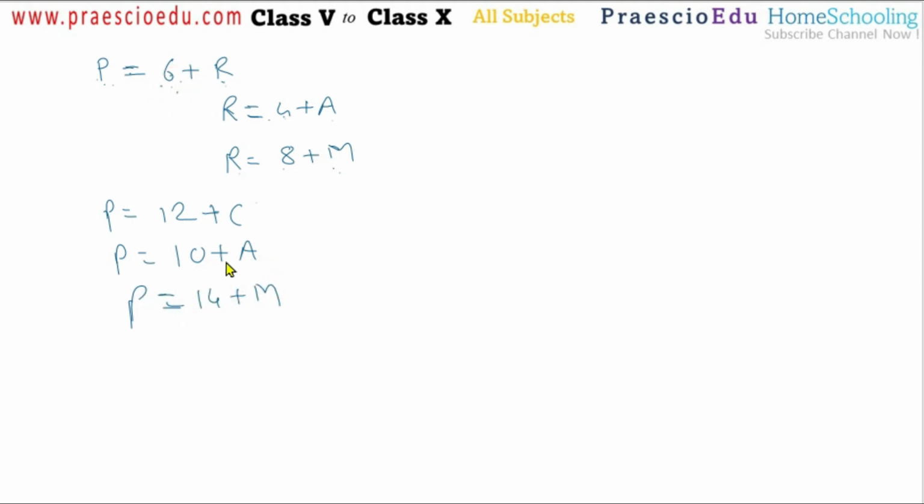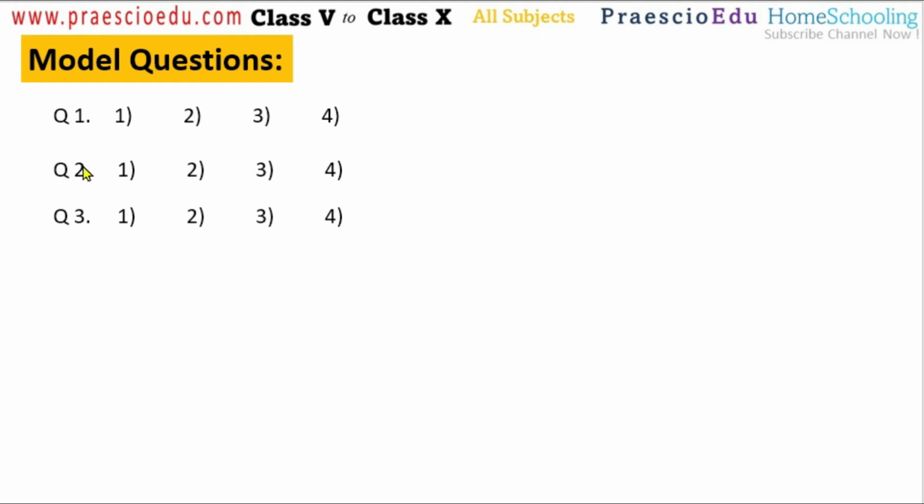Suppose Pinku's pencils is P. If we deduct 12, that will be Chino's pencils. More deduction means lesser quantity, so Manu has the lesser quantity because this number is more. So Manu has the least quantity. Manu means option number 4 is the correct one.